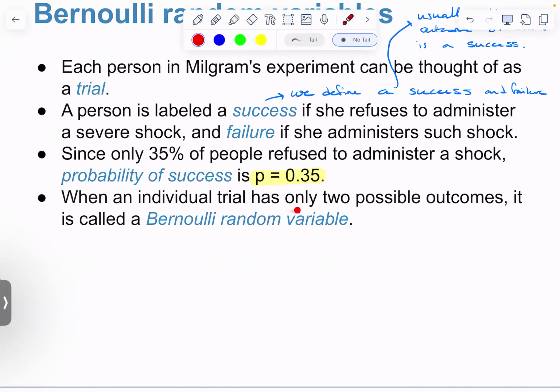When an individual trial has only two possible outcomes, it's called a Bernoulli random variable, right? And so those two possible outcomes are going to be success and failure. We can usually convert things into a Bernoulli random variable.